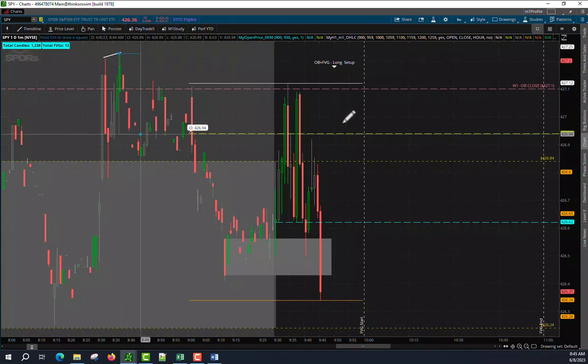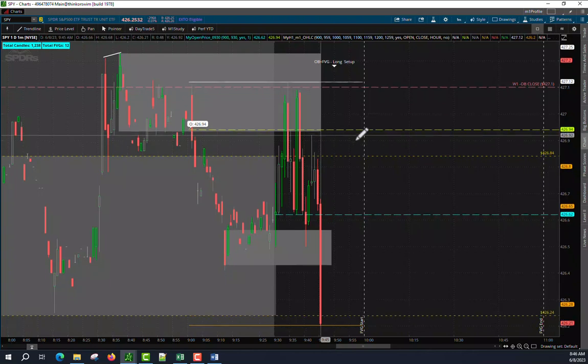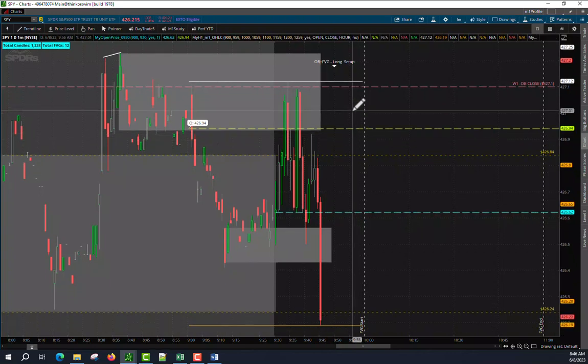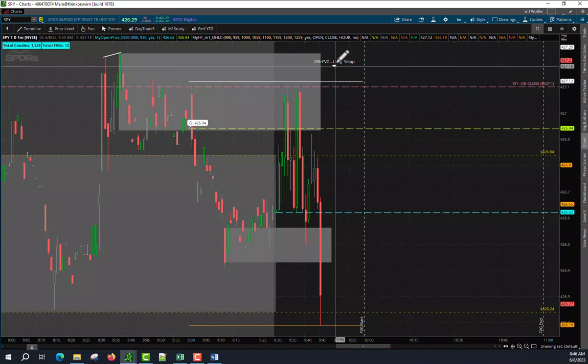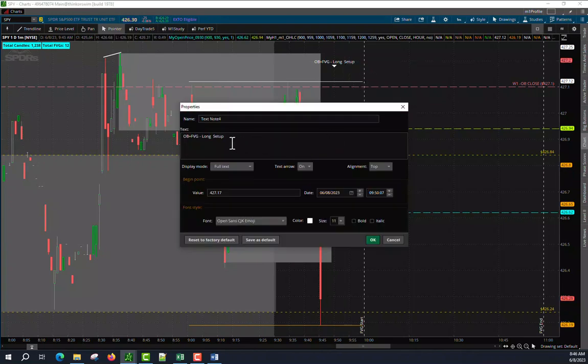This order block is a bearish order block. I think I put the wrong one right here. It should be a short setup, not a long setup.